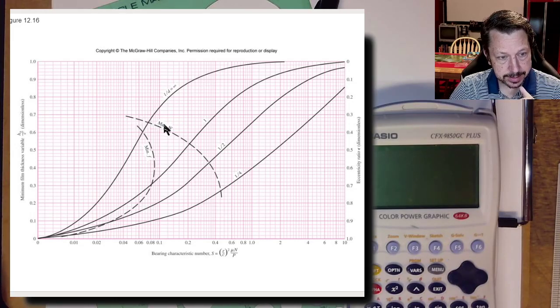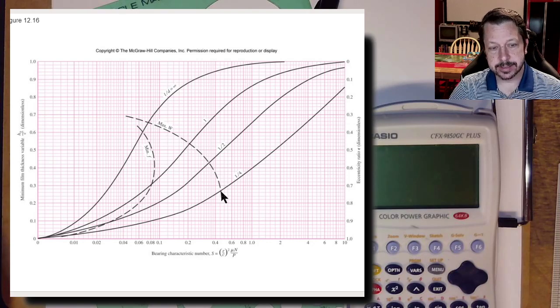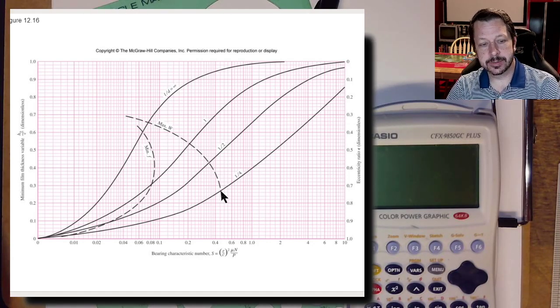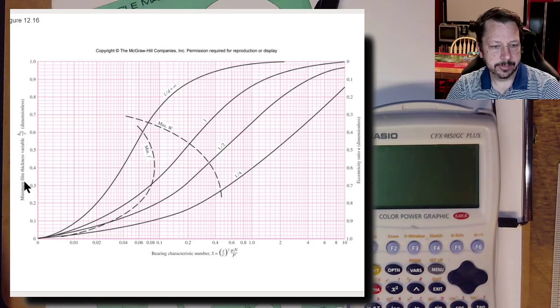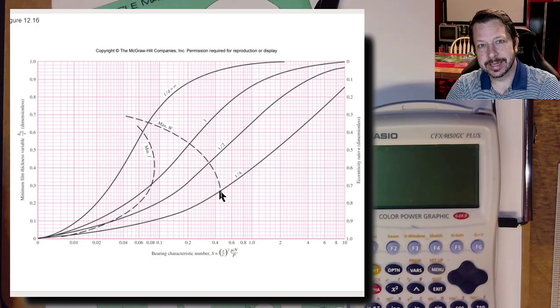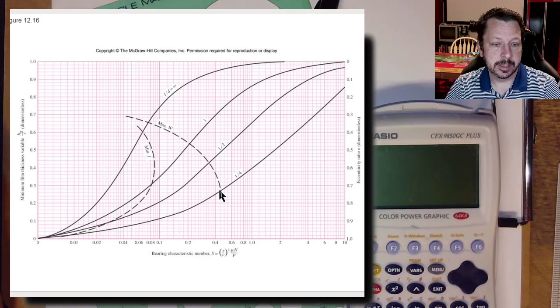There are these 2 dotted lines, max W. Where this max W line intersects our trace is where the clearance, or this set of bearing characteristic and film thickness, would support the maximum weight W. Not necessarily weight, but the maximum force. We called it W, pushing straight down.